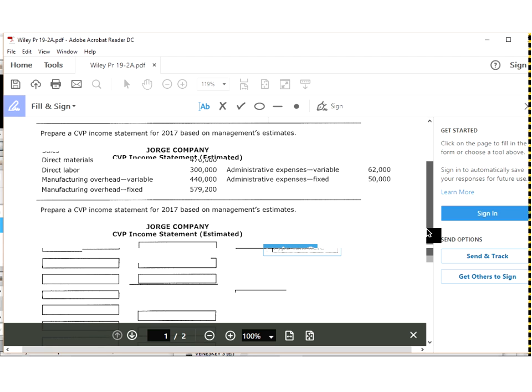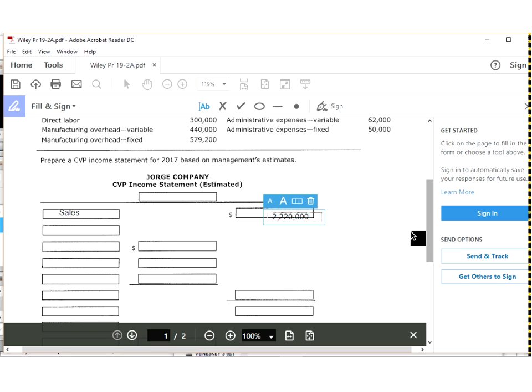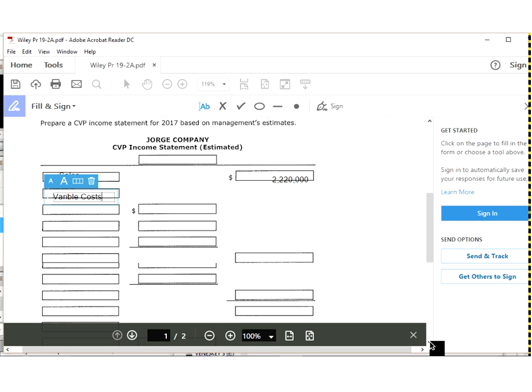That's just the 2,220,000. And then if you look at that income statement on the right inside Chapter 20, our next section is, remember from our notes, right after sales, when we're talking managerial accounting, our variable costs or variable expenses, however it needs to be worded here, same thing.